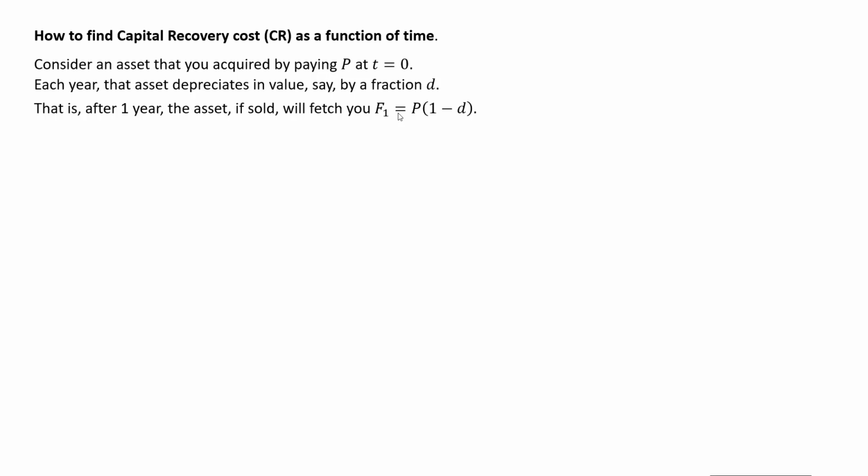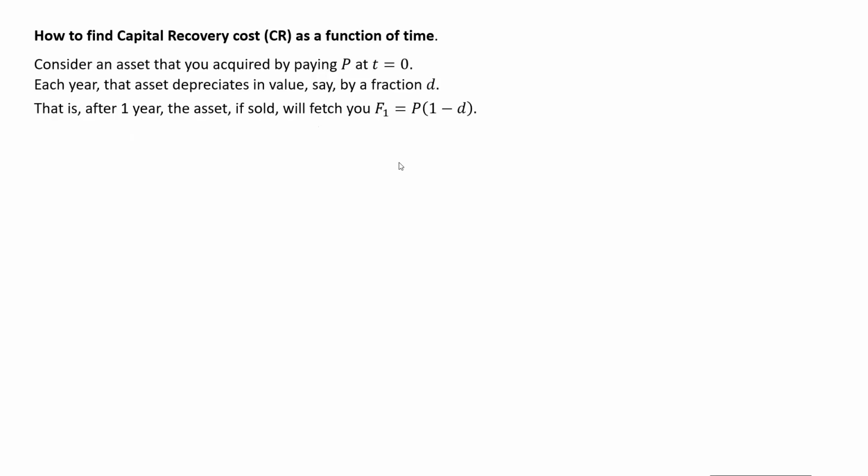P minus PD. At the beginning it was P, and so it would depreciate by P times D during that year. And so you have P minus PD, or P times 1 minus D. That is the future value for which you can sell the asset if you happen to sell it at the end of 1 year.